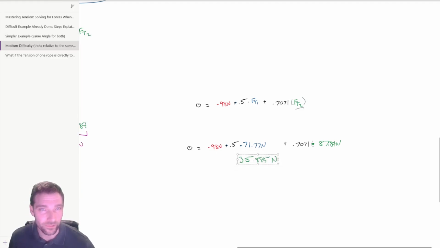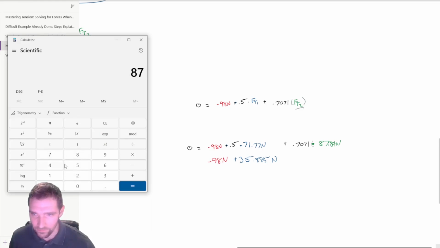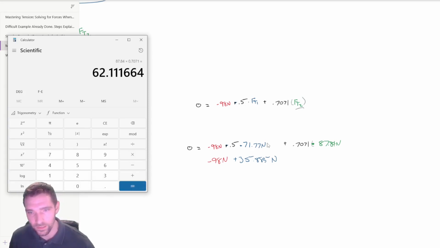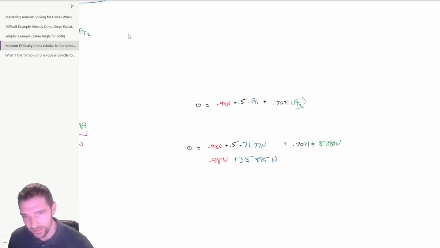Let's keep that blue to keep with our color coordination that we've been doing. And that's kind of in the positive. And we do have 98 newtons, so you can guesstimate what this other one's going to end up being. So we've got the 87.84 times 0.7071, and then we've got our 62 number.